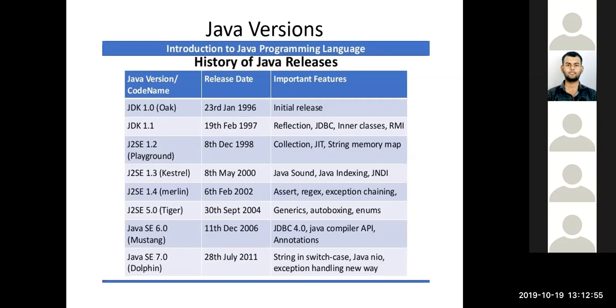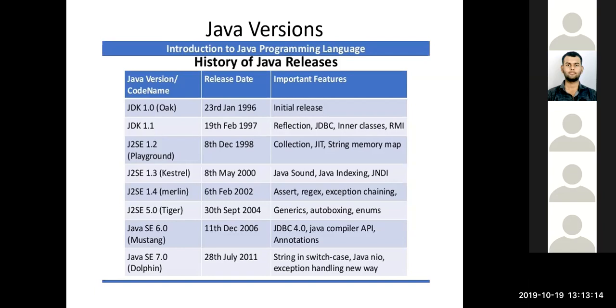JDBC is a very important feature, and reflection is also very important. With reflection you can do proxy implementations, and with JDBC you can interact with the database. Inner classes, that is classes within classes, were also a key concept.